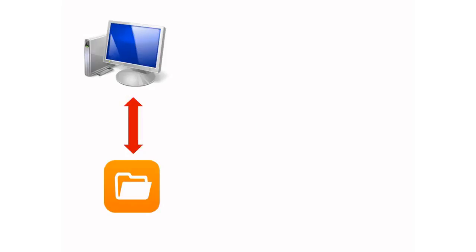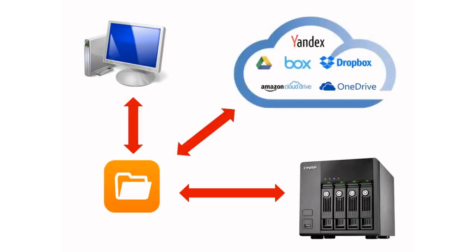The remote connection service allows you to manage files across local remote devices and cloud services using a single interface. You can easily carry out file management tasks such as copying and moving from remote to local devices or vice versa.